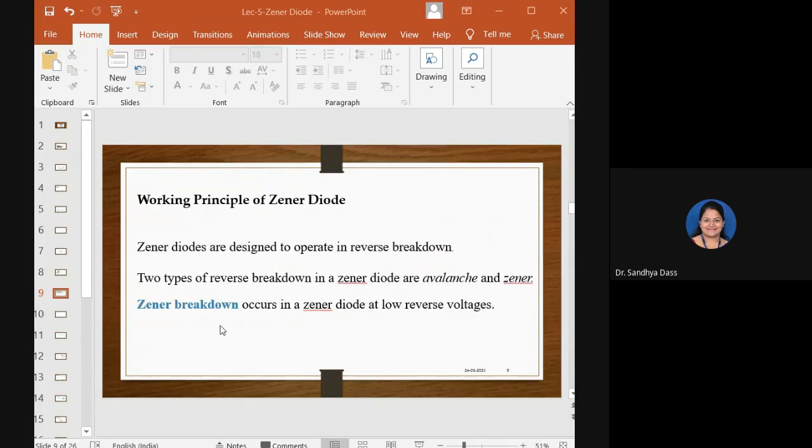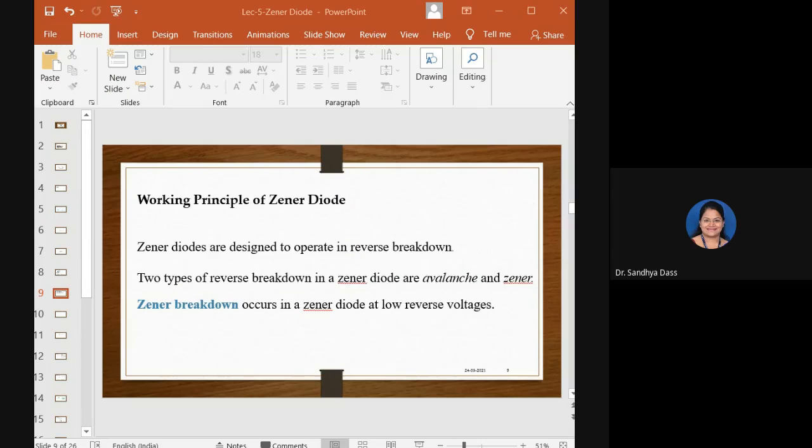Coming to the working principle of the Zener diode, as an introduction, the Zener diode normally operates in the reverse breakdown condition, and it operates because of the Zener breakdown. Zener diodes with breakdown voltages less than 5 volts will predominantly operate in Zener breakdown.